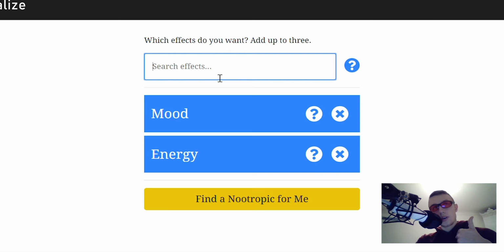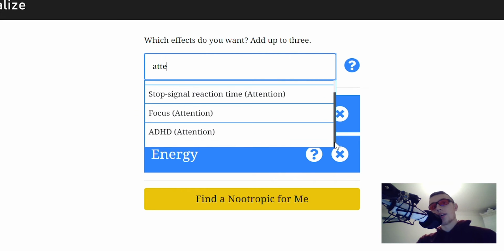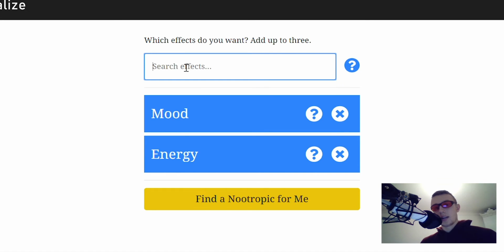We also include all of the effects that have been found to have significant changes upon use in comparison with placebo.